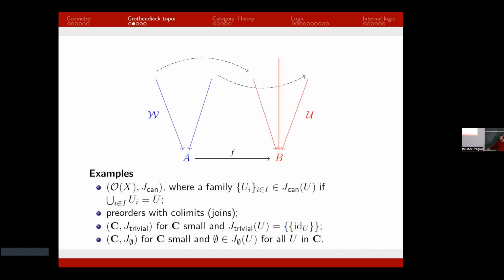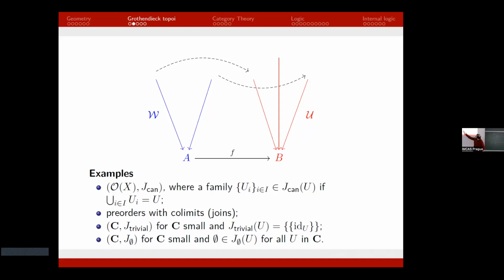As I said, in the topological example, we could build a canonical coverage where for every space U, a family of U_i, which, since we have an arrow from U_i to U, means that the U_i are open subsets of U, is a covering family every time that the union is the whole of U. So this is what we did before, and that's what we want to generalize.